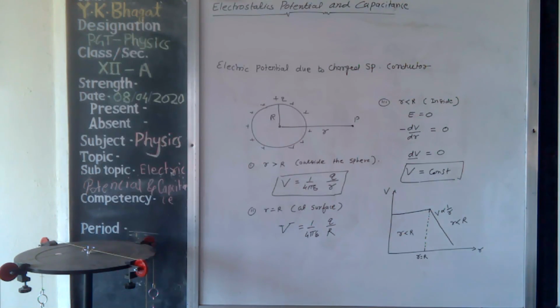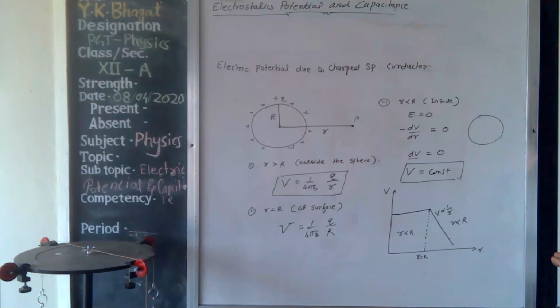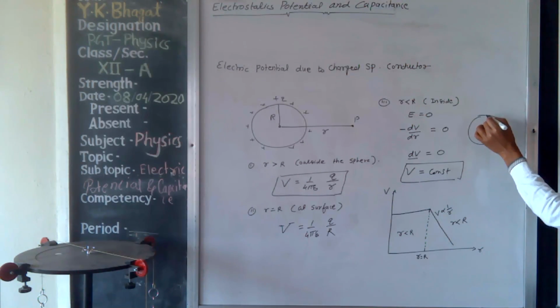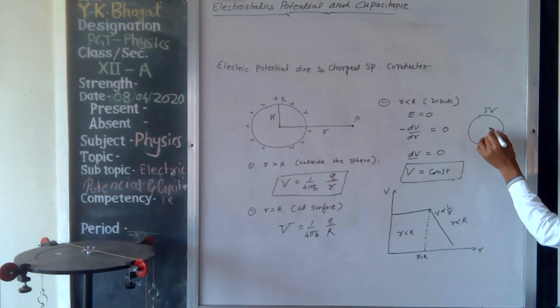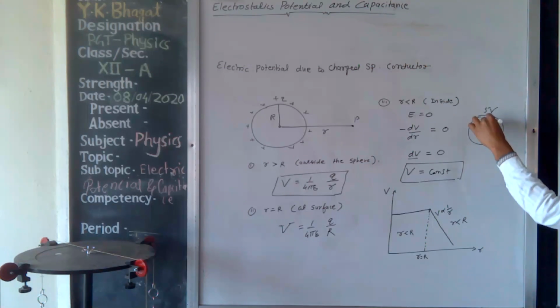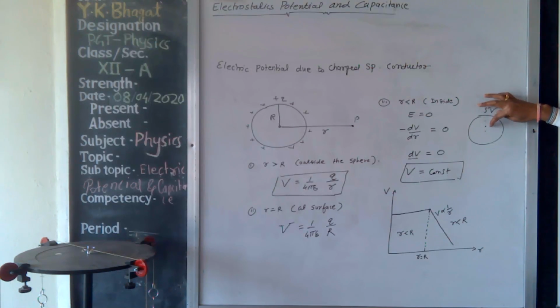Suppose we have a sphere having potential 5 volt at the outer surface. Then what will be the potential at the center? The answer will be 5 volt at each and every point inside the conductor.